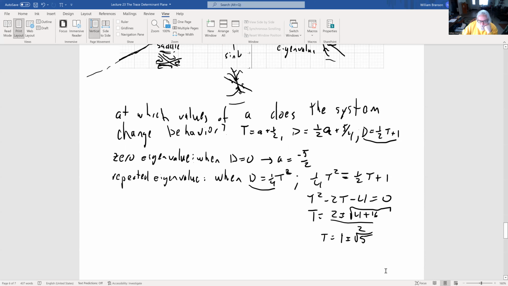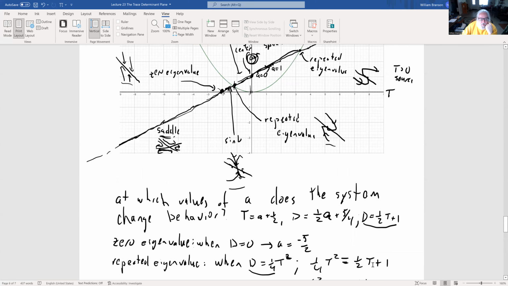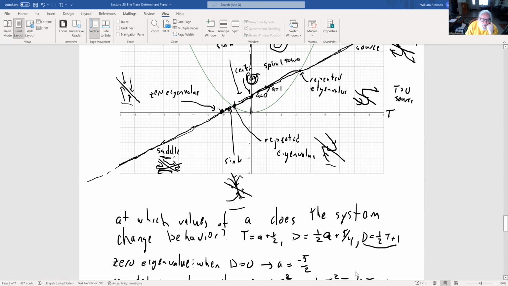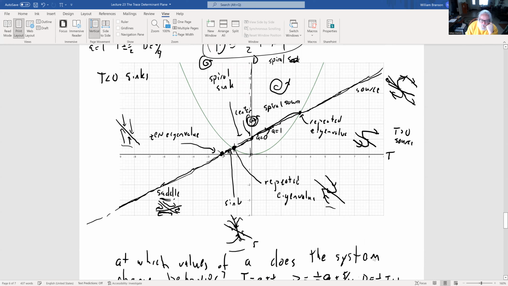So the square root of 5 is a little bit bigger than 2. So there's two values for t. One is this point. That's the negative value for t. That gives us this repeated eigenvalue. And the other one is here. That gives us the other repeated eigenvalue. So when a equals 1/2 plus square root of 5, that's when we're at this point.